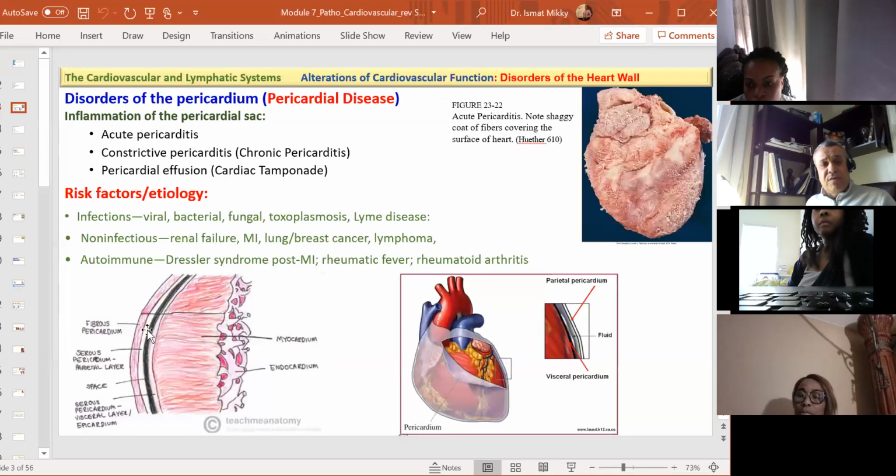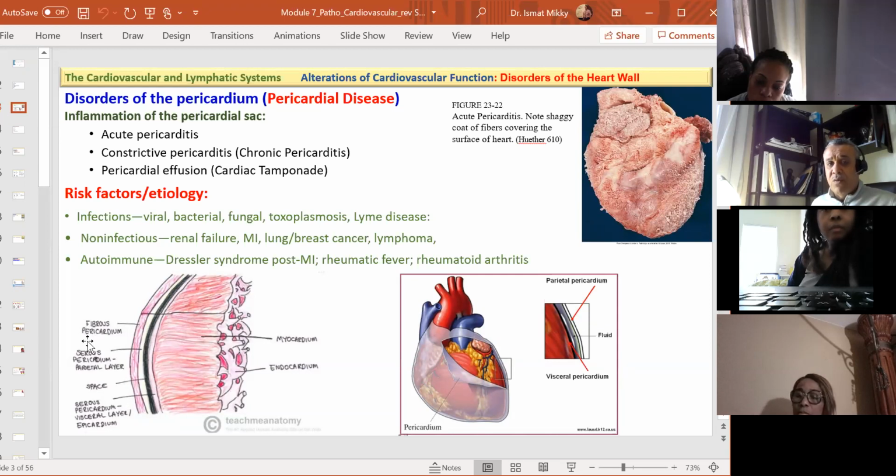This is one of the good figures or pictures to provide the anatomy and the layers of the heart wall. The inner lining or wall is the endocardium, and then the muscle, which is the myocardium, and then the outer layer will be the pericardium.